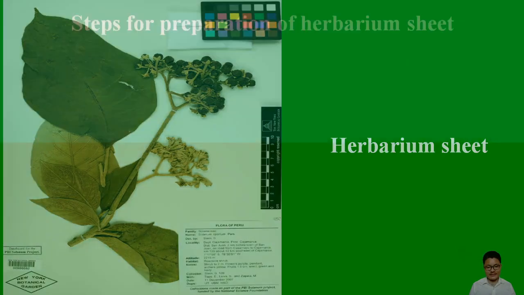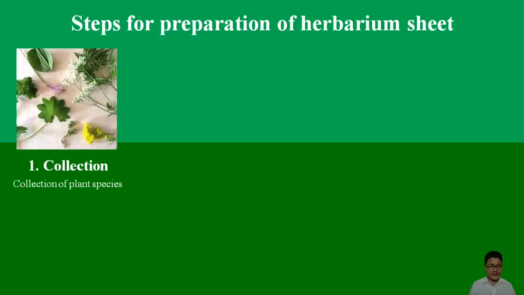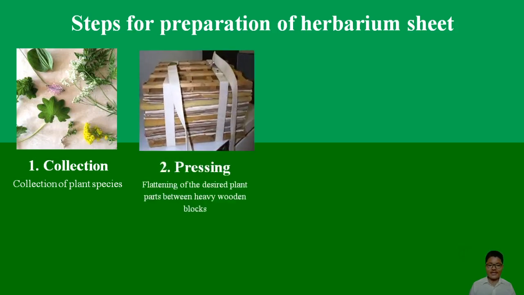plant. So a herbarium sheet is a special sheet on which we mount a sample of plants. So how are herbarium sheets prepared? First, it's the collection of the plant species or plant samples, plant specimens, and after that, after drying, we used to press. Pressing before drying, pressing is also important. So first press.